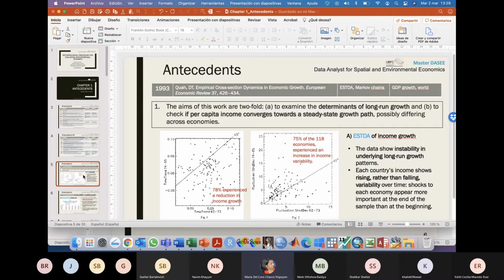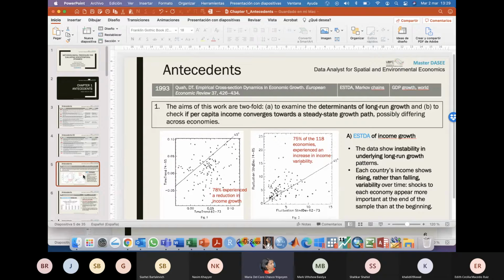Well, the aims of this work are twofold. First, it examined the determinants of long-run economic growth. So this author was interested in analyzing the determinants of long-run economic growth. And second, it aimed at checking to what extent per capita income converged towards a steady-state growth path, possibly differing across economies.